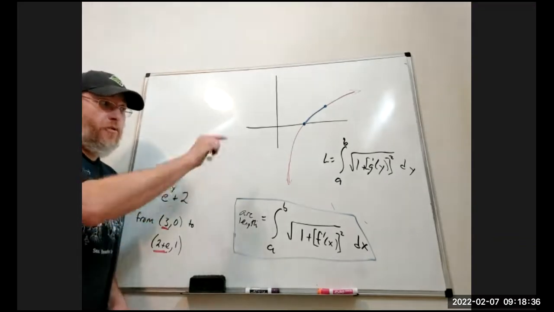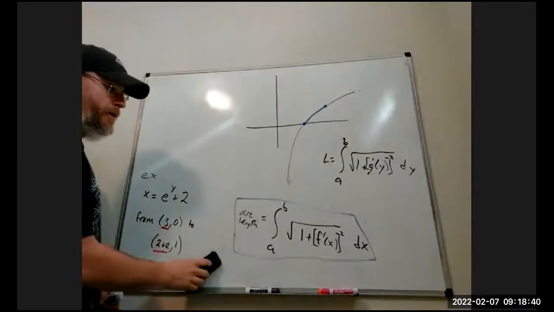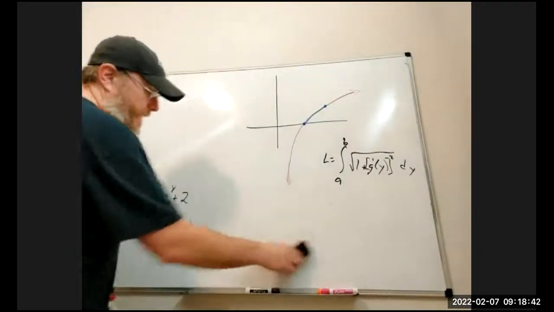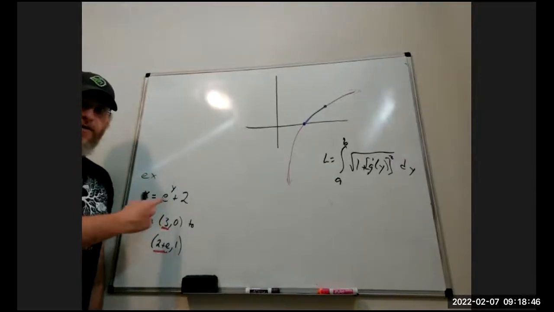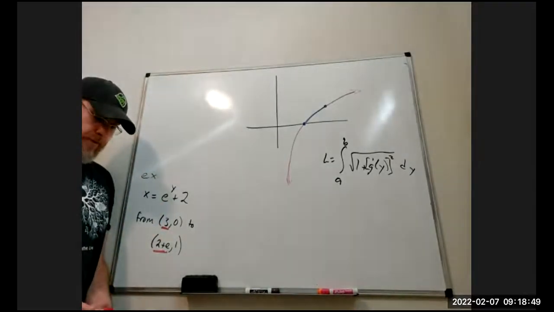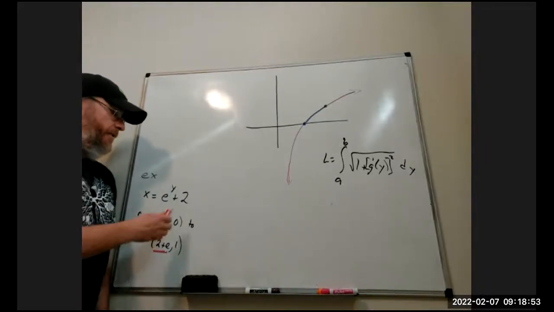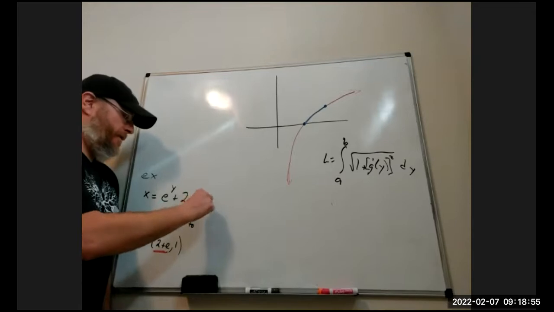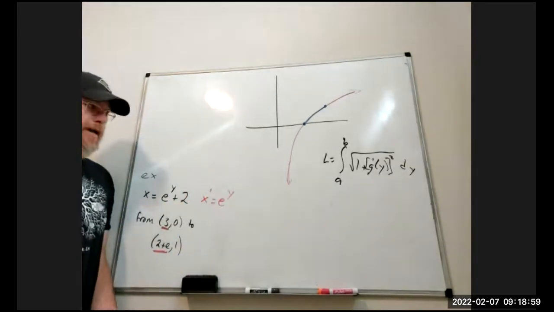So before I show you why that works, let me show you how fast this is to set up. Instead of solving this thing for y, we just differentiate it where y is the variable. So the derivative of e to the y plus 2, let's think of this as x prime, is just going to be e to the y.